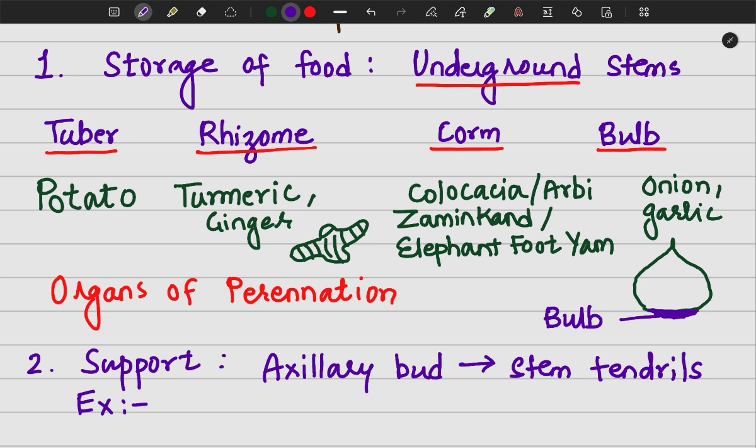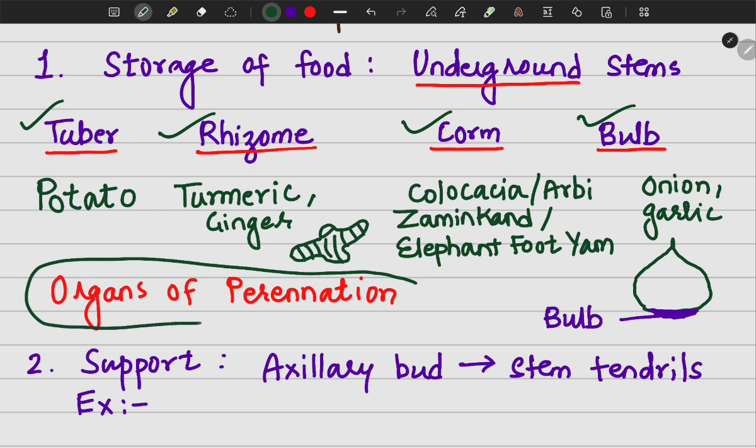Before moving on to the next modification, one important thing is that all these underground stems, tubers, rhizomes, corm and bulb, act as organs of perennation. What does it mean? These store food in them.